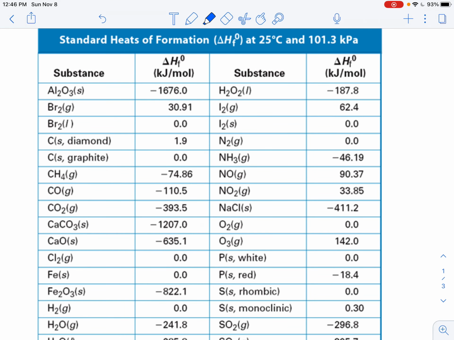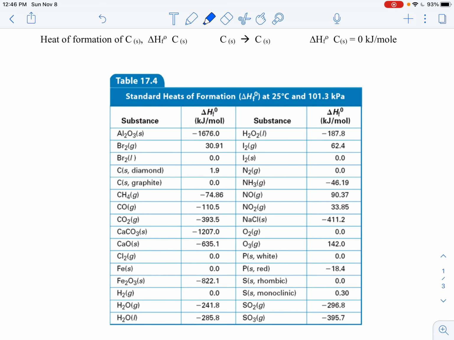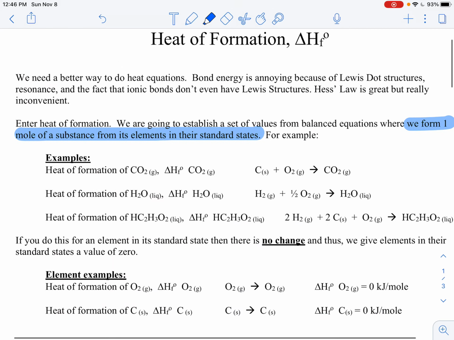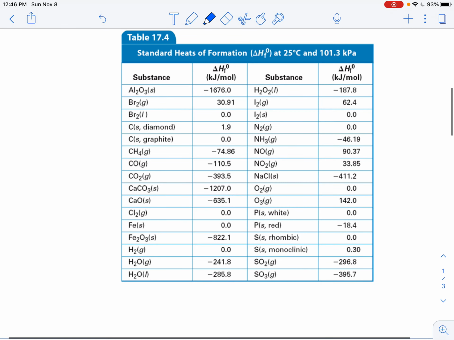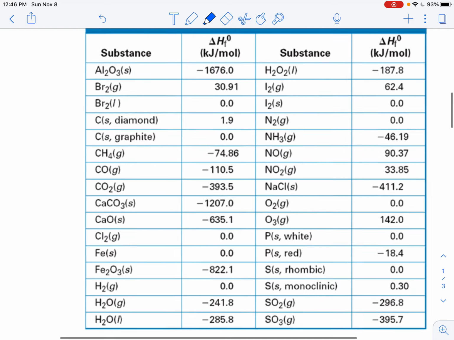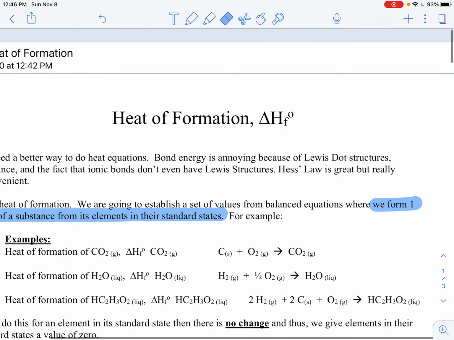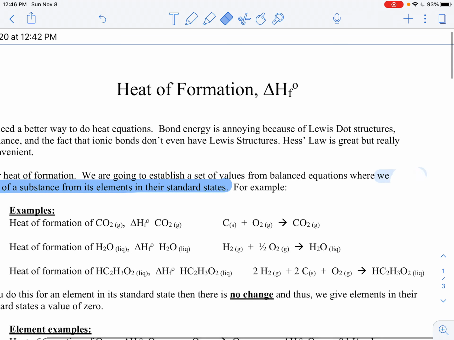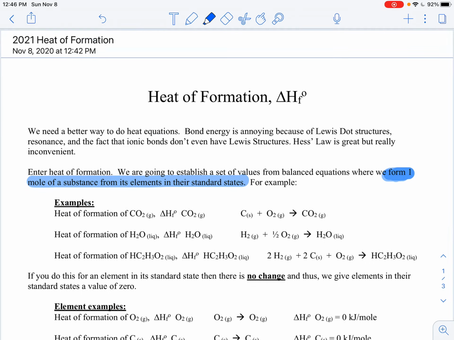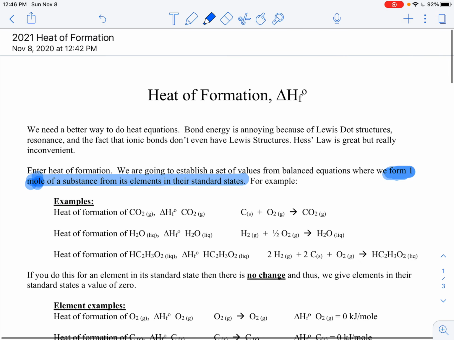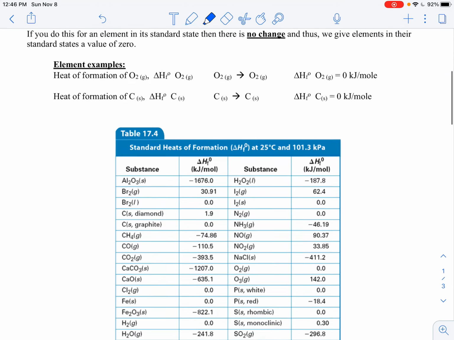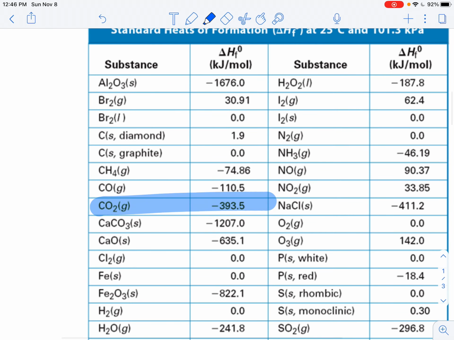So what I'm going to do is give you a series of these heat of formation values. If you were to look at something like the heat of formation of acetic acid, or the heat of formation of any of those guys here, what it means is that you are forming, and this is the important bit, 1 mole from its elements, and those elements have to be in their standard states.